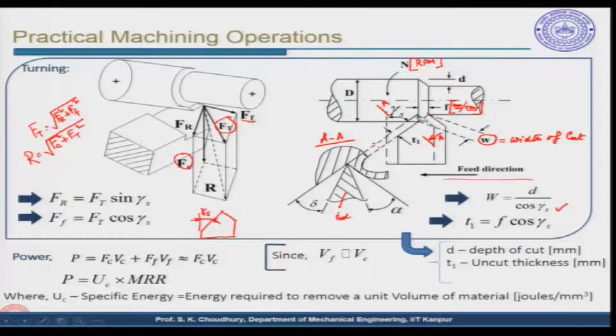And from a very small triangle like this, here, this triangle will define the value of T1. T1 is from this point to this point. This is equal to f, which is the movement of the tool per revolution of the workpiece, times cos of the side cutting edge angle. So, these are the geometrical parameters. w times T1, as you understand, is equal to d times f, because the cos gamma s is getting cancelled.